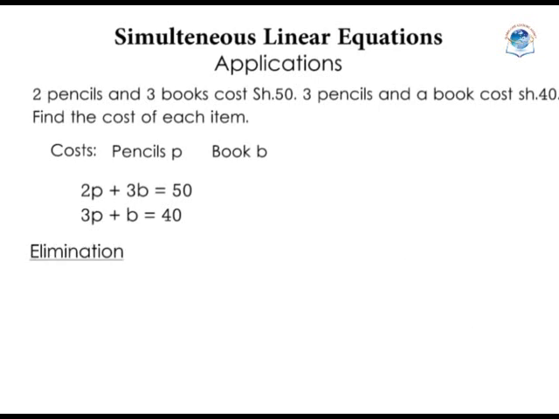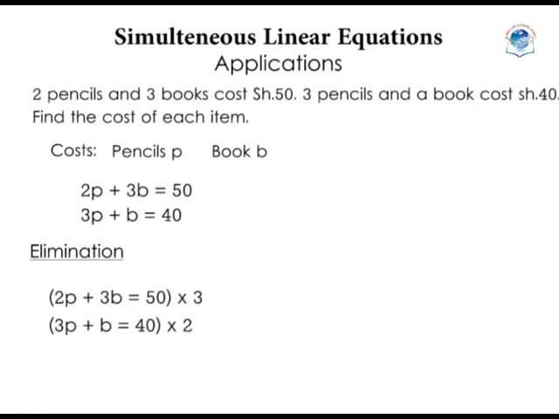How about elimination? We have 2P plus 3B is equal to 50 and 3P plus B is equal to 40. Let's eliminate P. We need to make them have the same coefficient. So we multiply equation 1 by 3 and equation 2 by 2.